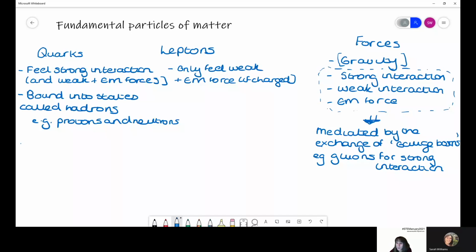So we've got the up quark and the down quark. The up quark has a charge of plus 2/3, and the down quark has a charge of minus 1/3 in relative charge.